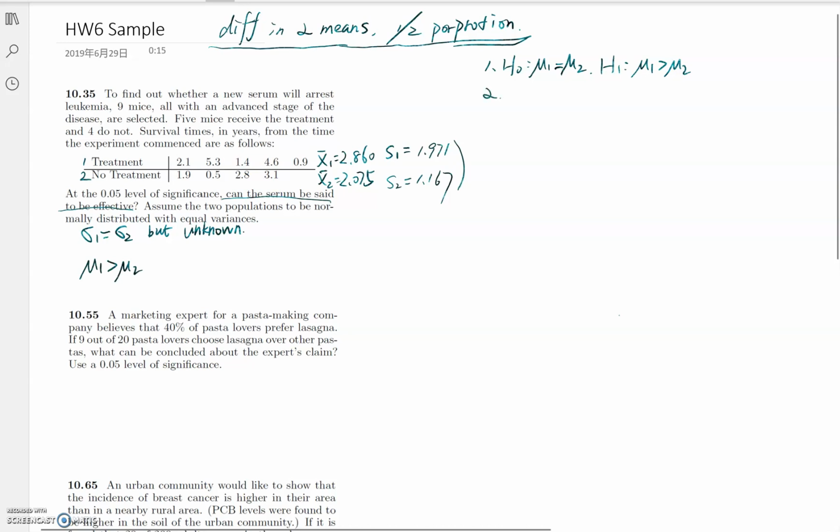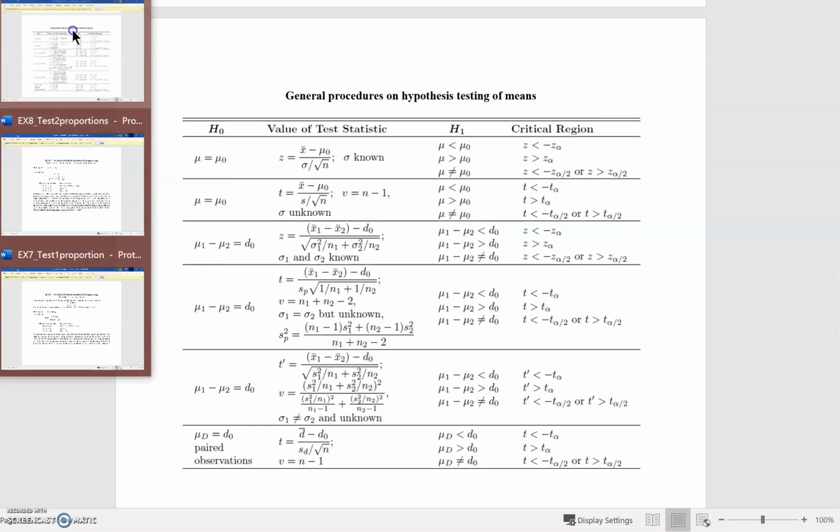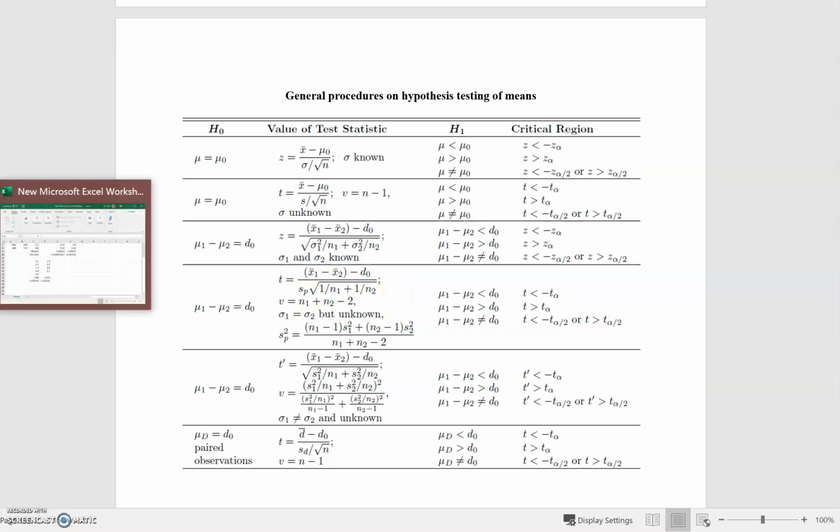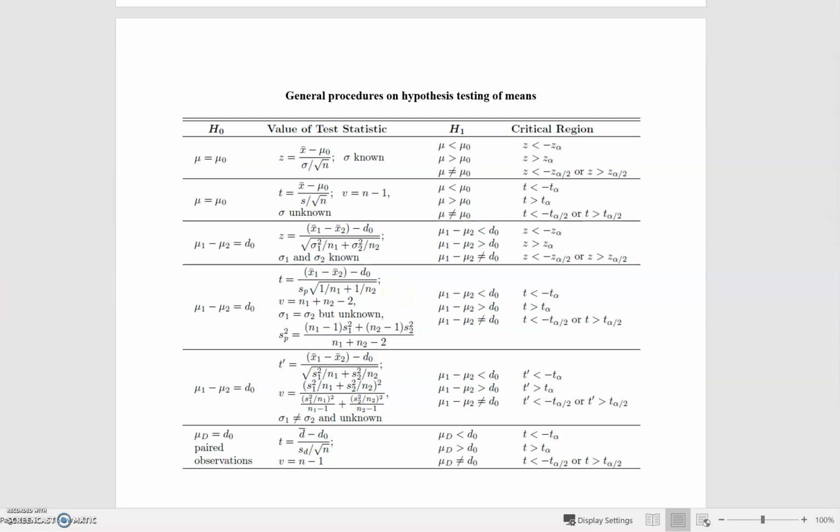Second, let's take a look at the formula we're going to use. Here it says sigma 1 equals sigma 2, but unknown. So that's the formula we're going to use, and we'll just copy it here. In here D0 should be 0.